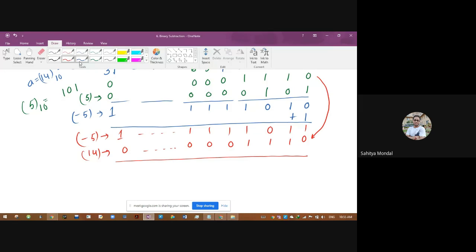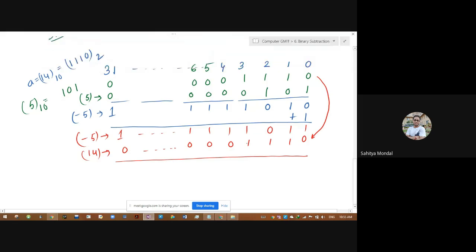So my result should come as plus 9. So this is 1, this is 0, carry is here, so this is 0, carry is here, this is 1, again carry. In this way 0, 0, 0, finally carry is here, so 0, 1.